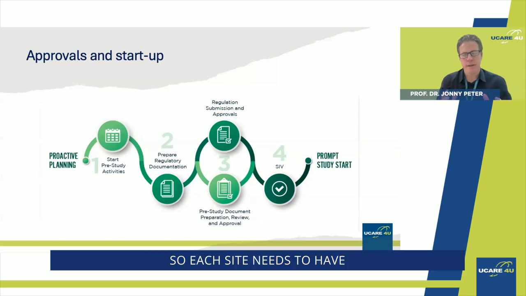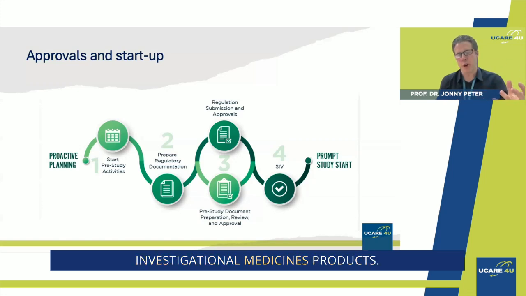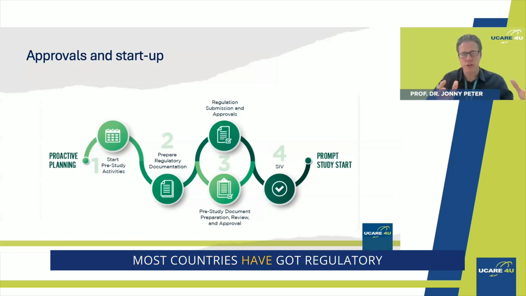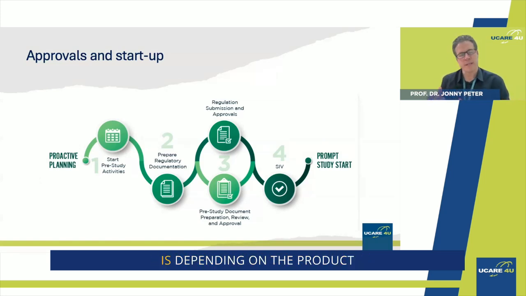So each site needs to have an ethics approval as well for investigational medicine products. Most countries have got regulatory bodies that need to approve clinical trials with new products. And then also the other group is, depending on the product and the particular site, you might need local approvals from particular hospitals or where these things might happen.